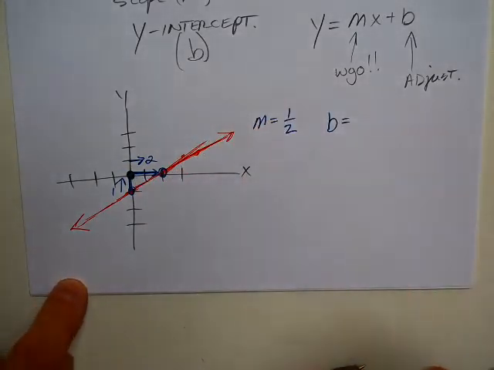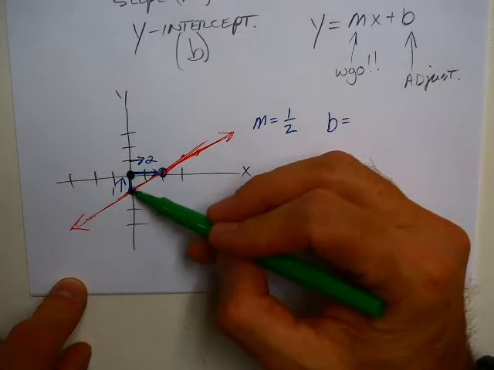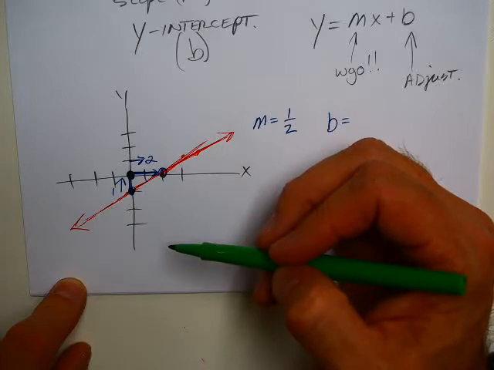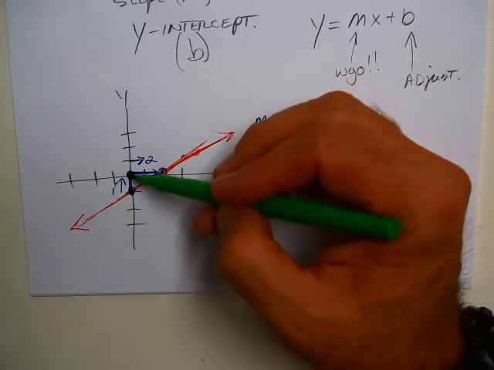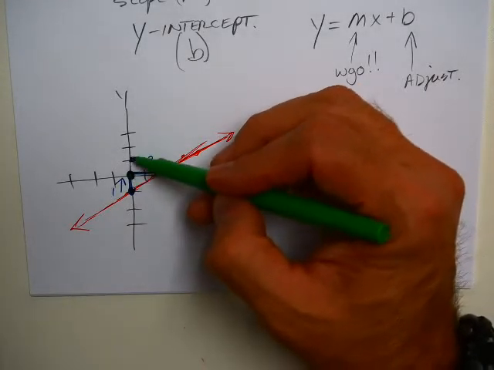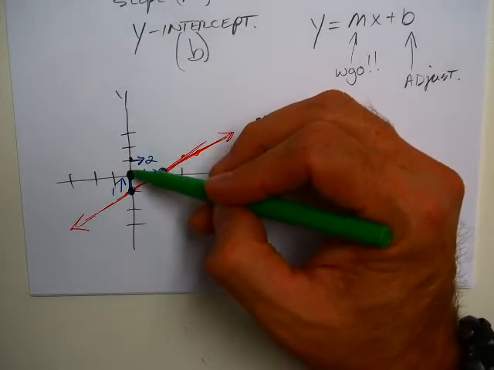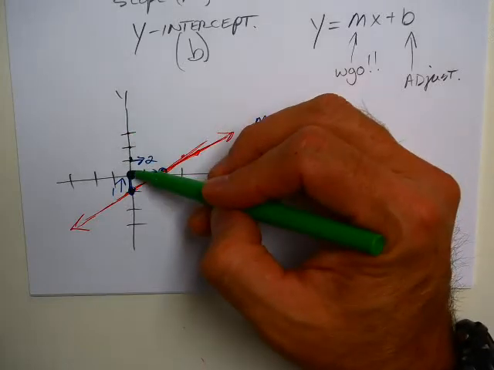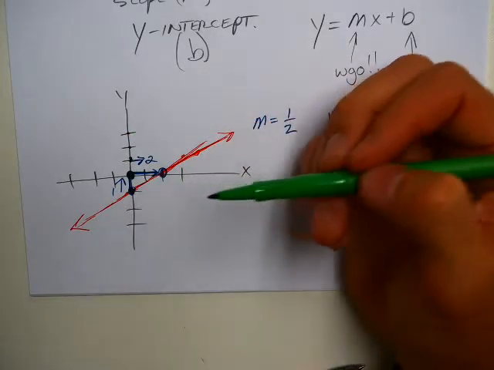Not just 0, but 0, 0, right? 0 left, right, 0 up and down. So what's the value of this point? If I go from here to here, how many have I gone up? 1. Right, so that's 1. This is? 2. If I go down, it's? -1. There you go.